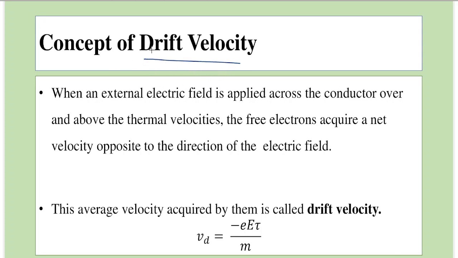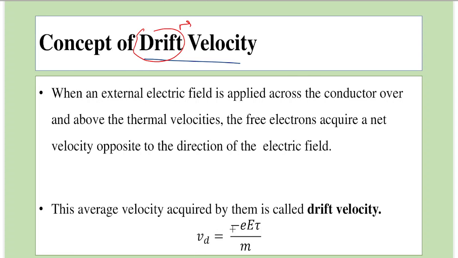The name drift is again a common English word. Drift means moving along a particular direction. Now here, the electrons are drifting. Electrons are moving because of the applied electric field. So the electrons will have an average velocity, and that average velocity is called drift velocity.